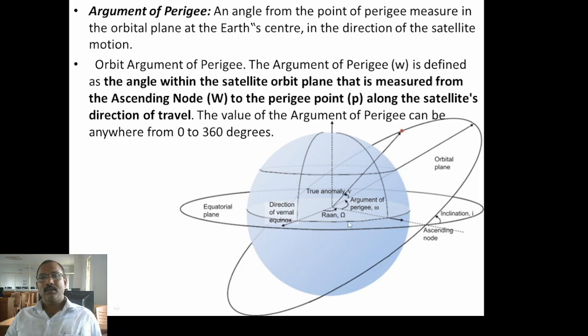The next thing is the argument of perigee, denoted omega. It's an angle from the point of perigee, measured in the orbital plane at the Earth's center in the direction of satellite motion.